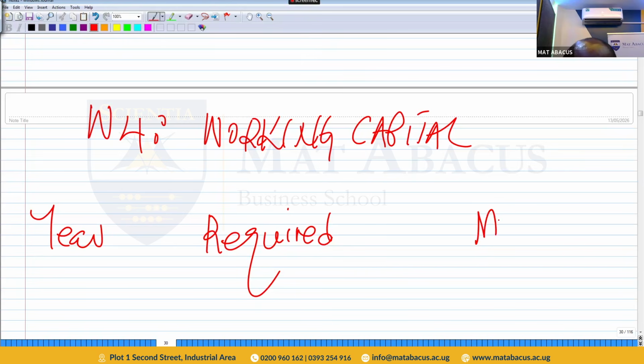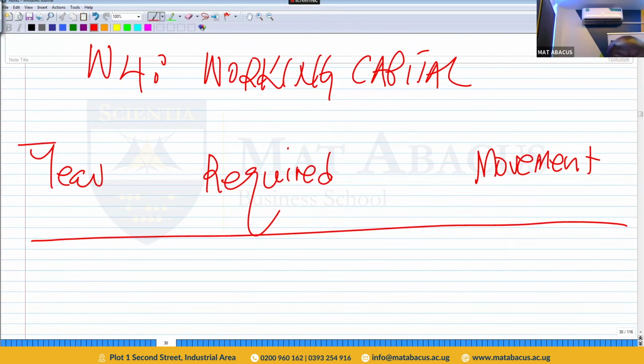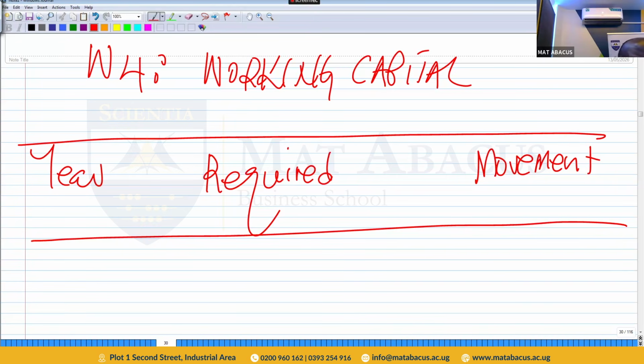Yesterday we were sharing the movement. If you don't want the word movement, you use the increase. So I will draw my table. That's how we do it at MAT Abacus.